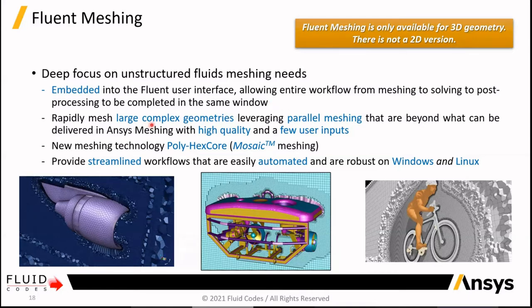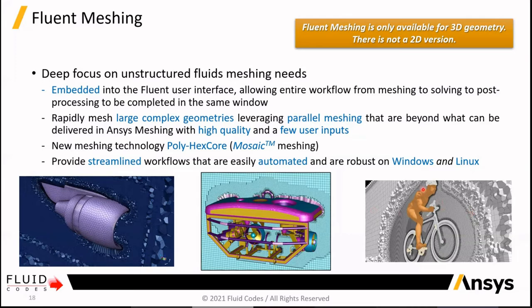I already mentioned we can basically handle large complex geometries. The big advantage in doing so is due to the parallel capabilities here. So we can mesh very complex geometry, very large models like aerospace and defense.